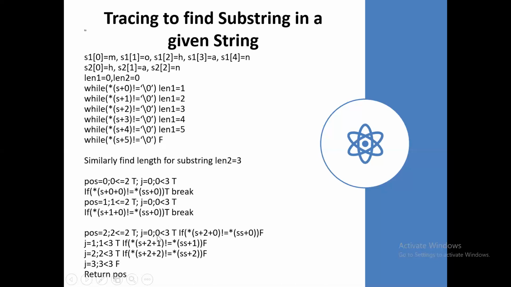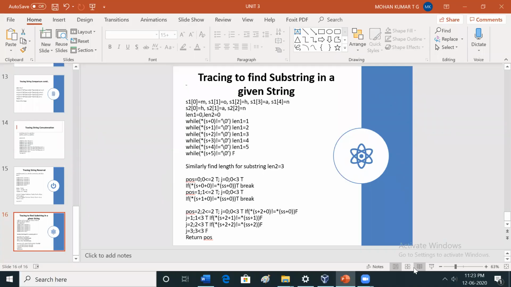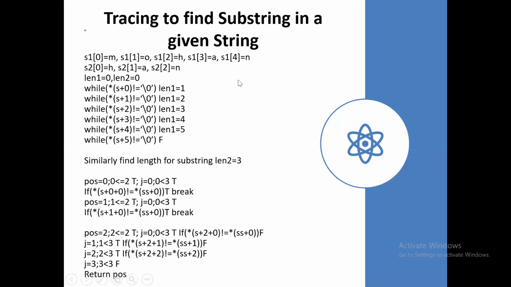Now j is incremented by 1, 1 less than 3, the condition is true. Star of s plus position 2 plus j value 1 is s plus 3, pointing to a. So is a not equal to star of ss plus 1, pointing to s2 of 1? a not equal to a, again the condition fails.